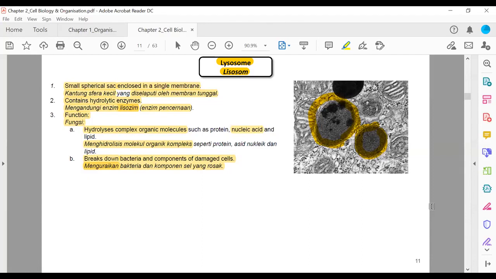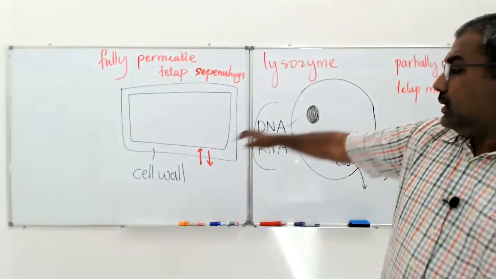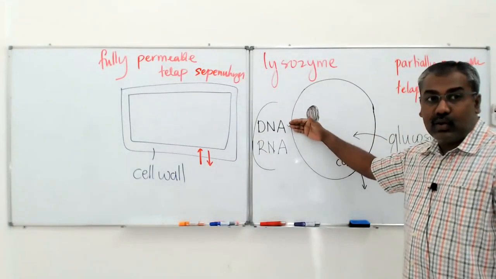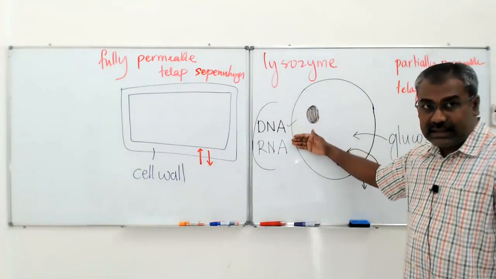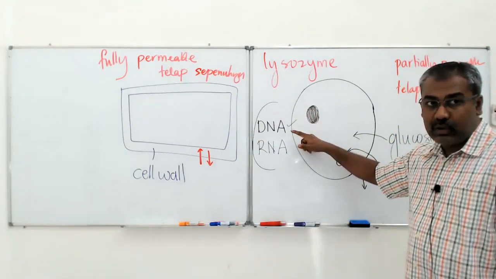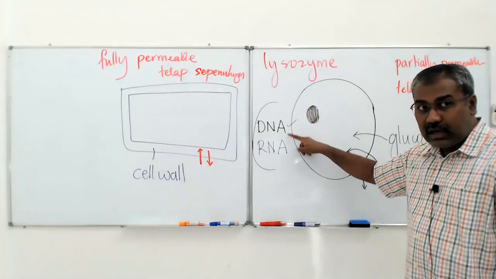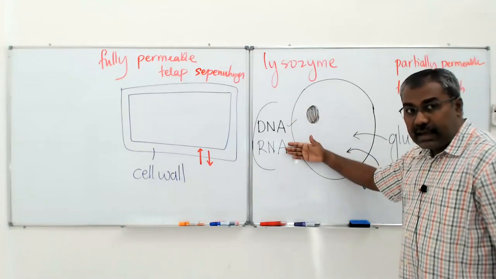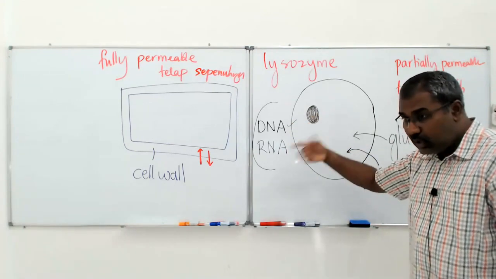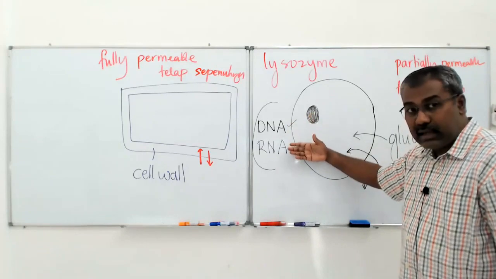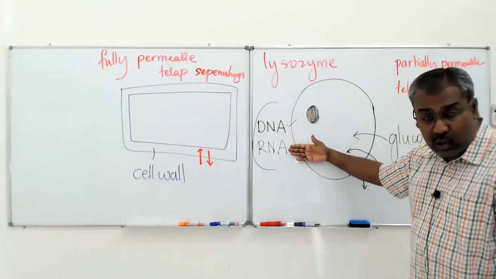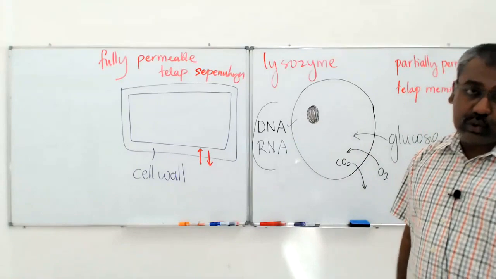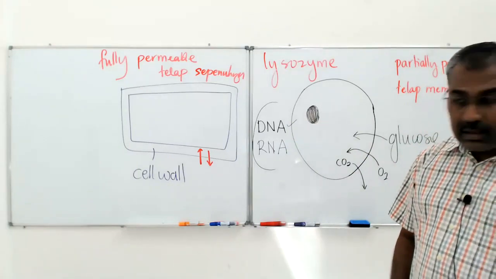Lipid bermaksud lemak. Lipid means lemak. Protein kamu tahu kan? Baik, so DNA dengan RNA adalah dua contoh nucleic acid. We saw just now DNA, remember? So if these acids get old dan tua tak boleh guna, so they will be digested, they will be destroyed by the lysosome. Okay? Baik.